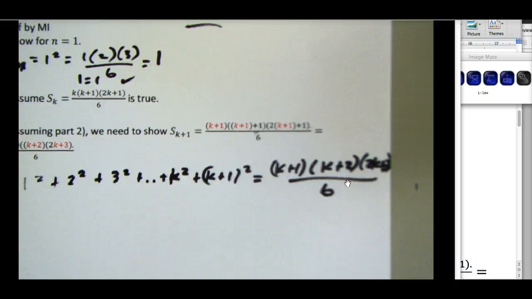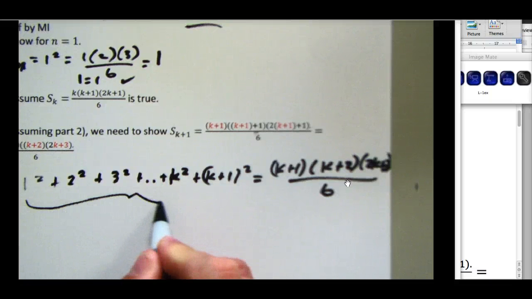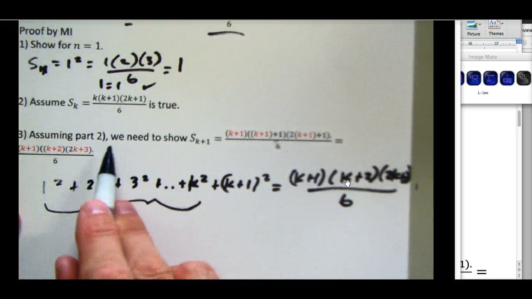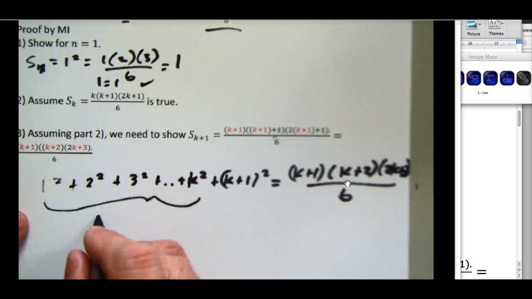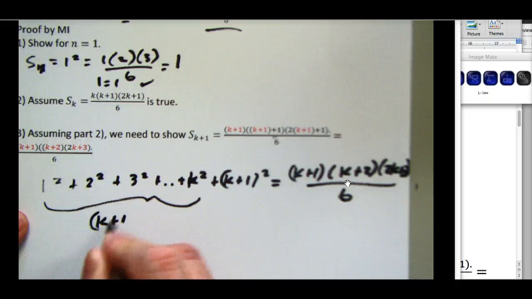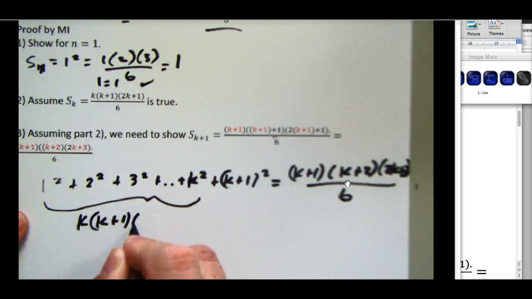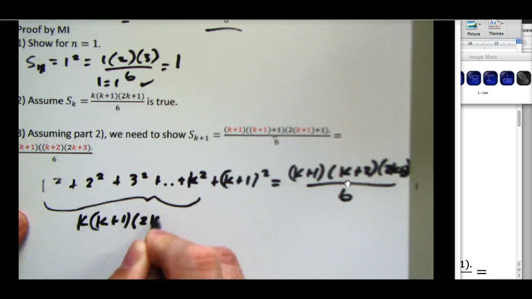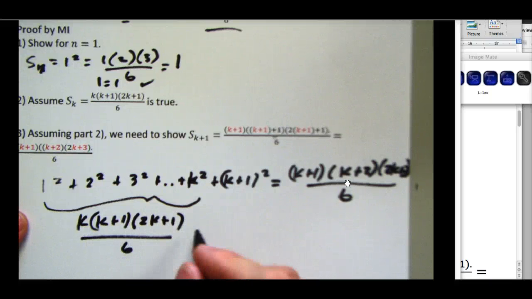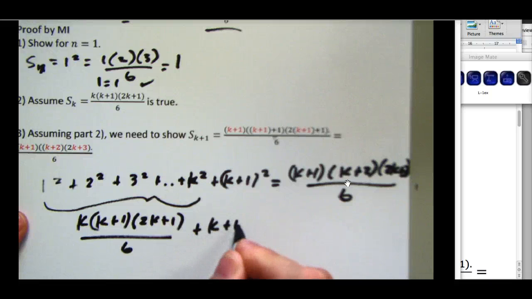Well, the trick again: what do I replace this whole thing with? Not this last term, but all this. Well, since I assumed that this is true, I can replace this with k plus 1, and then 2k plus 1, all over 6, plus my k plus 1 quantity squared.